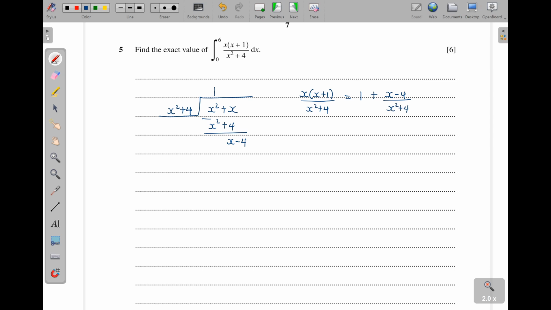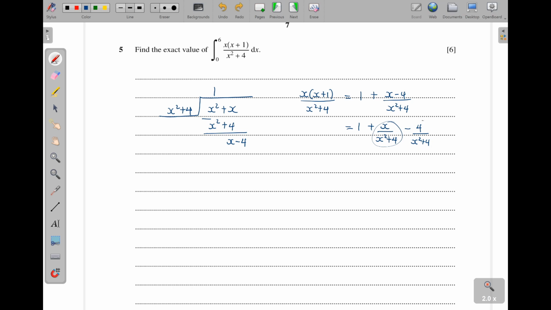Since this is integration and I'm seeing x squared plus something, then I can split the numerator here because I can see an arctan and the natural log. So this will be 1 plus x out of x squared plus 4, and then minus 4 out of x squared plus 4. Both of these ones are all over the x squared plus 4. That's why I've split the what?